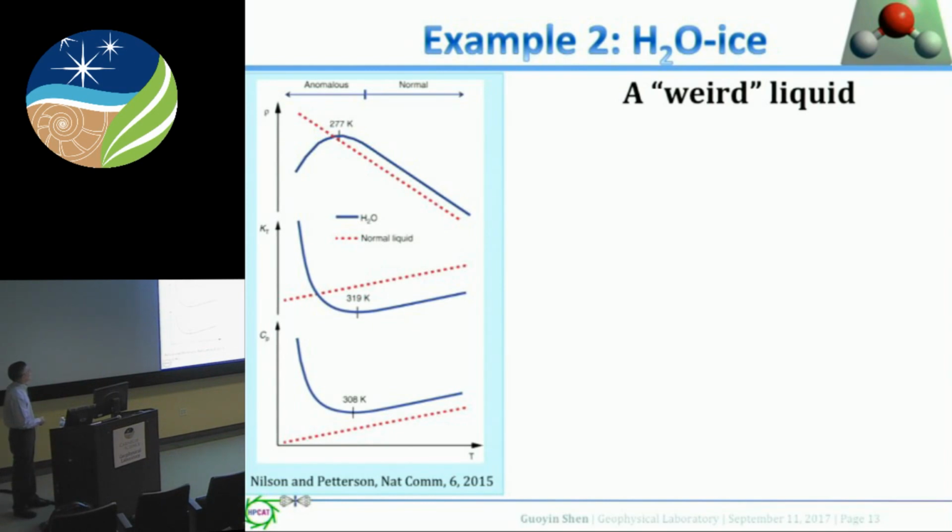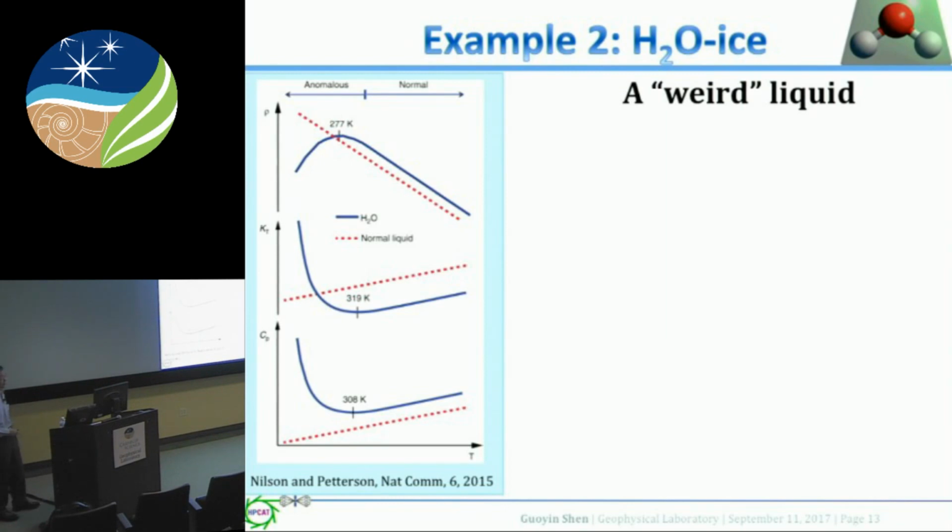This is the temperature range close to our room temperature. We know that water displays a density maximum around 4 Celsius or 277 Kelvin. And for compressibility, it displays a minimum around 319 Kelvin, and heat capacity also displays a minimum at that point.